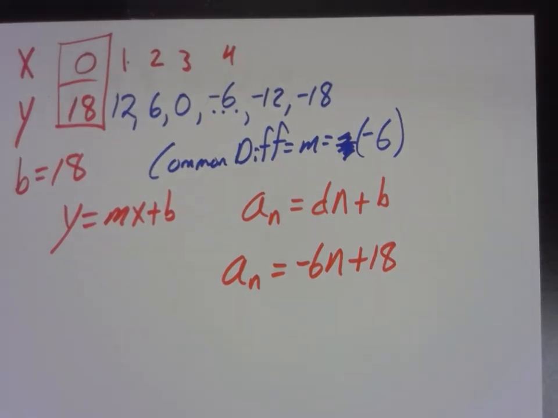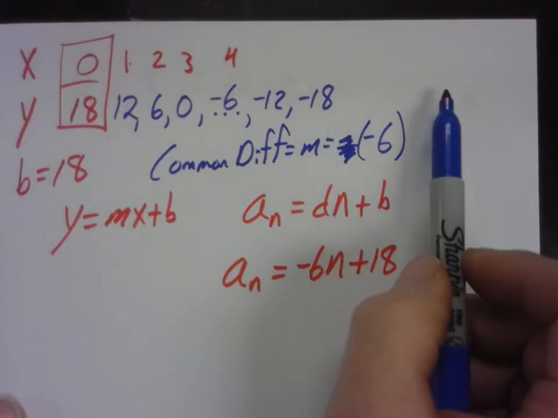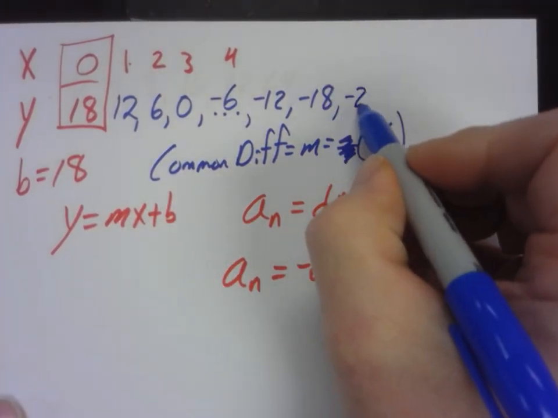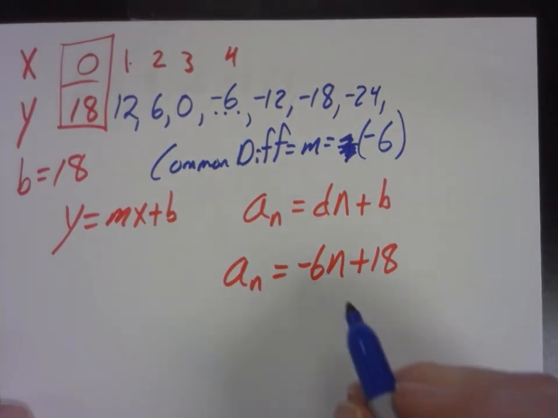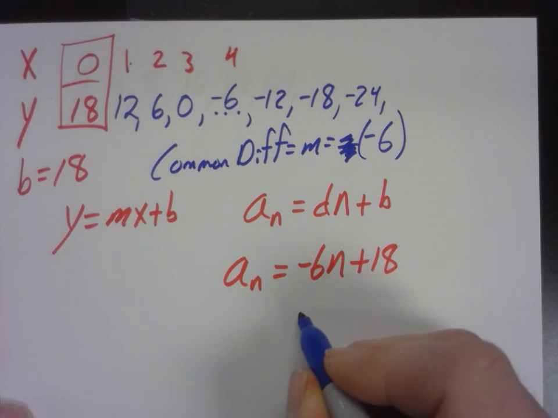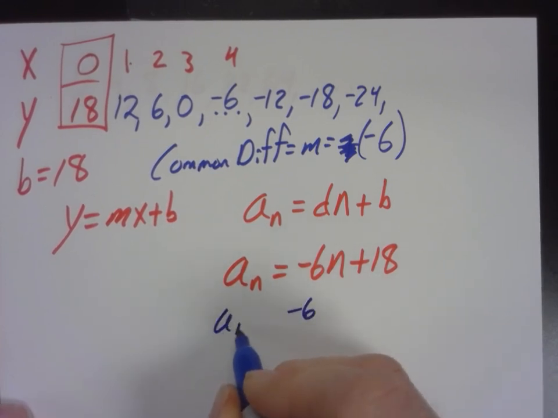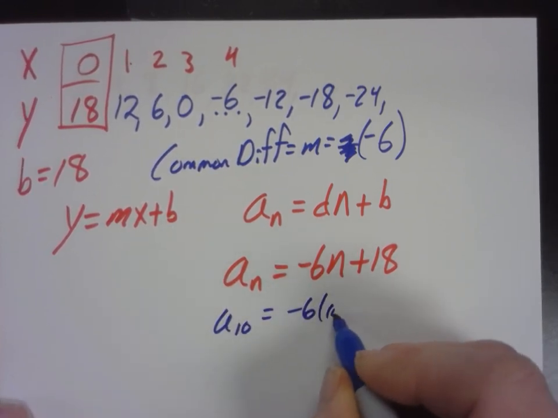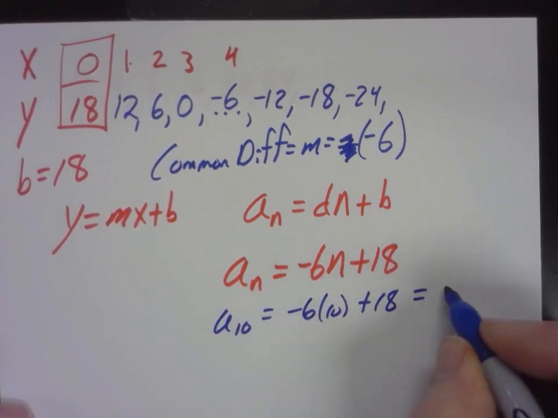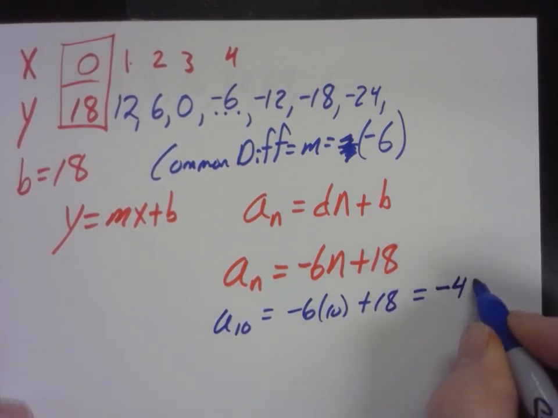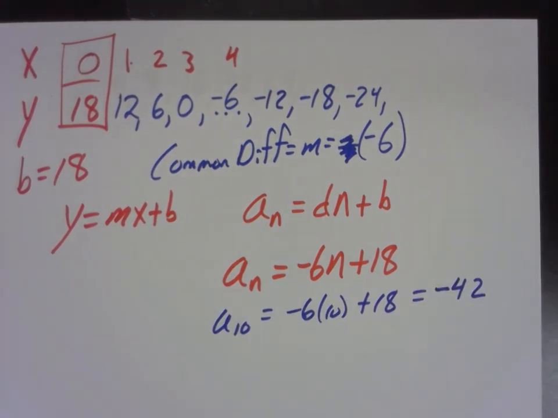Okay? So not only can we find the next one in the series, can I find the 10th one? -6 times 10. So a sub 10 is -60 plus 18. There you go. -42.